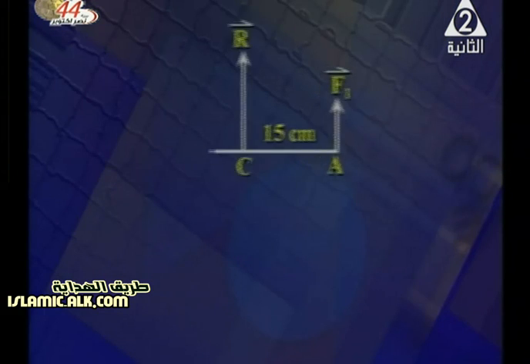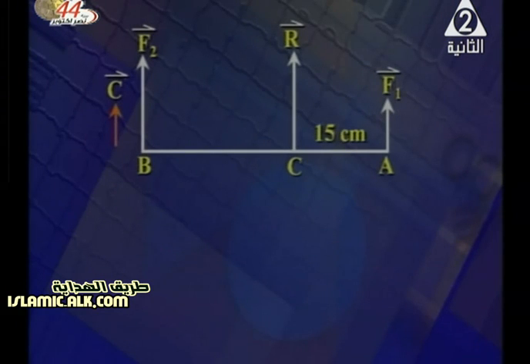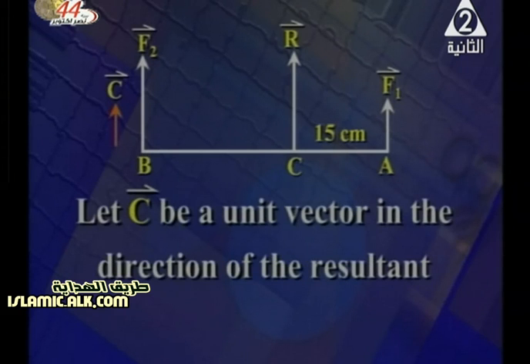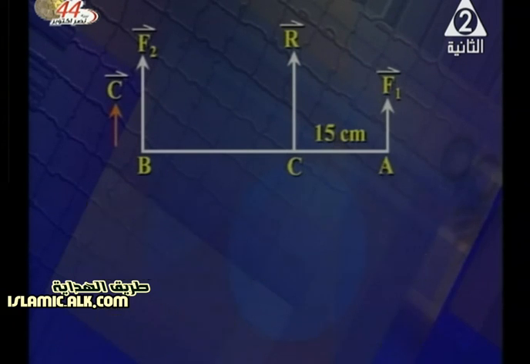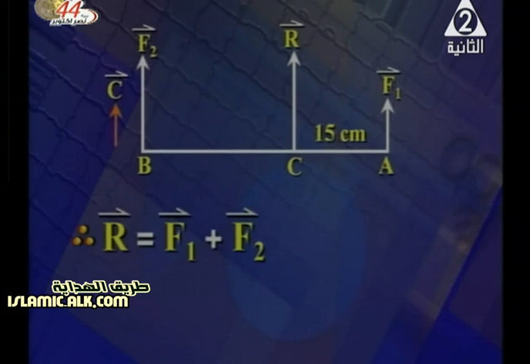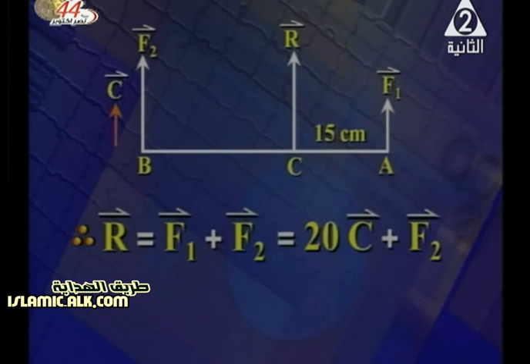Solution. Dear student, look, let C be the unit vector in the direction of the resultant. R equals 35C, F1 equals 20C, then R equals F1 plus F2, the resultant of the two forces is the sum of the two forces. So 20C plus F2 equals R, which is 35.